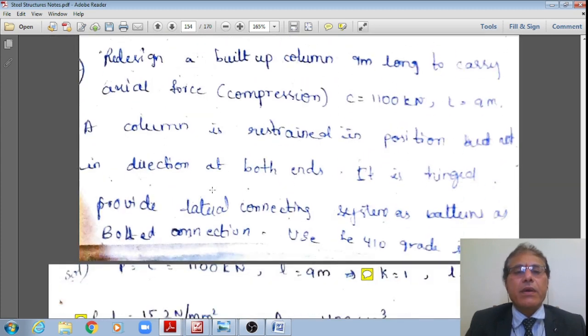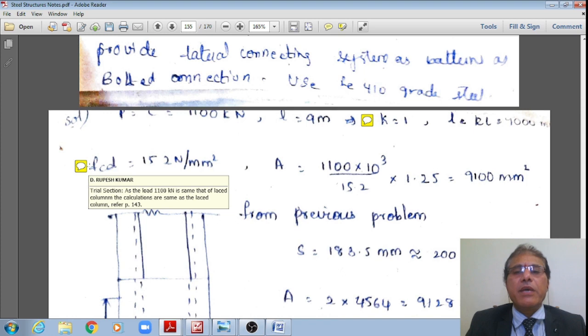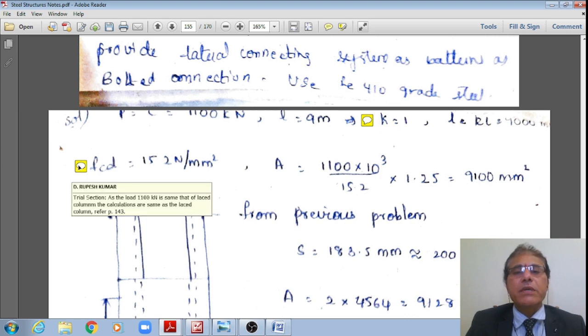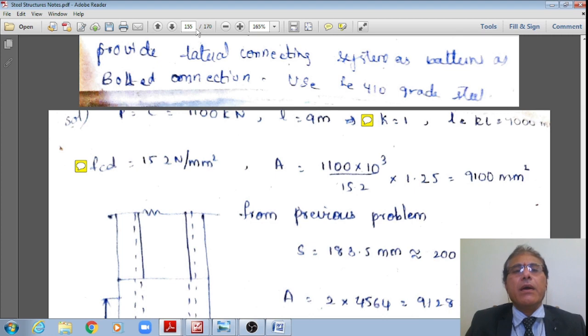I'm assuming the FCD, the design compressive stress, as 152 Newton per mm square. Let me go to how I am fixing that 152 Newton per mm square.